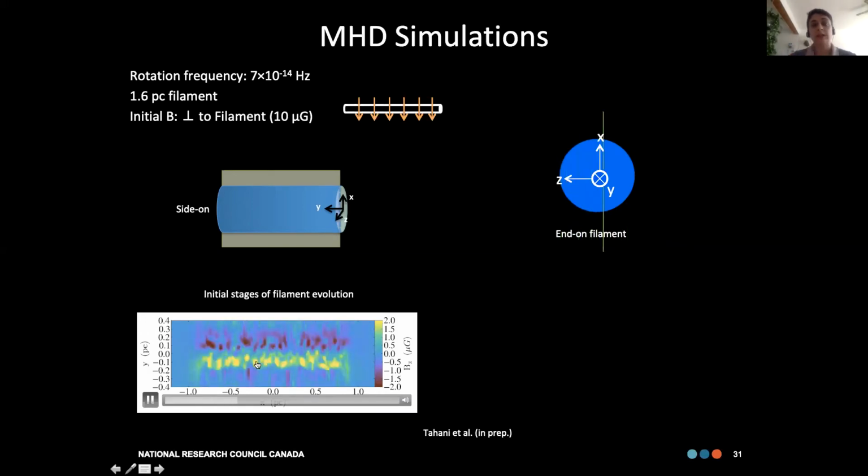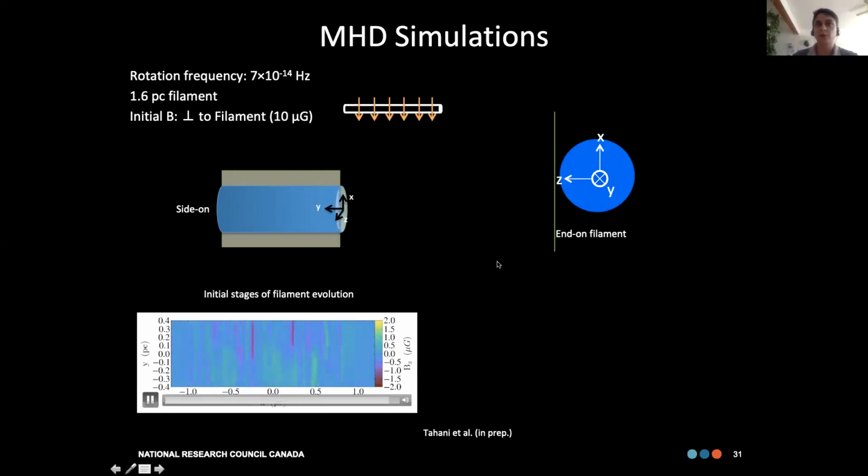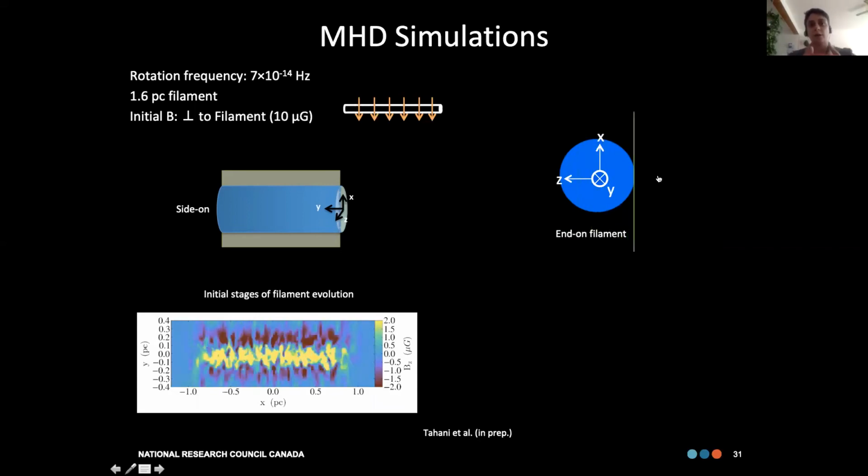This is in the initial stages of the filament evolution, at a fixed time. We see some reversal across the filament, but as we go further, the orientation of that reversal reverses, so it doesn't really add up to show a reversal from the Earth's point of view.